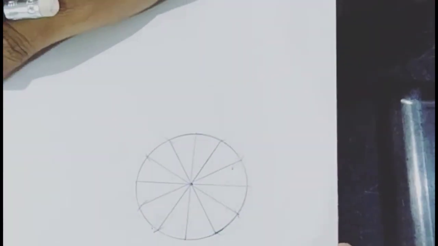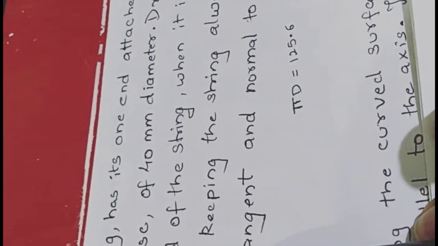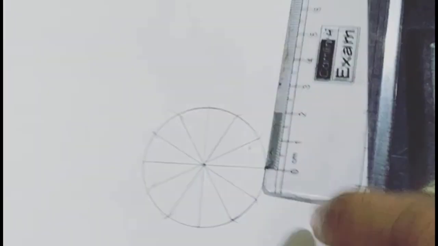Now it is given that we draw the curve traced out by the other end of the string when it is completely wound around the disc, keeping the string always tight. Name the curve. First of all, it is given an inelastic string 150 long. So from this end I will take one string that is 150 long.